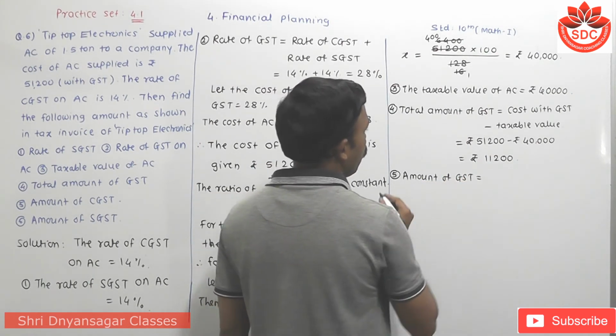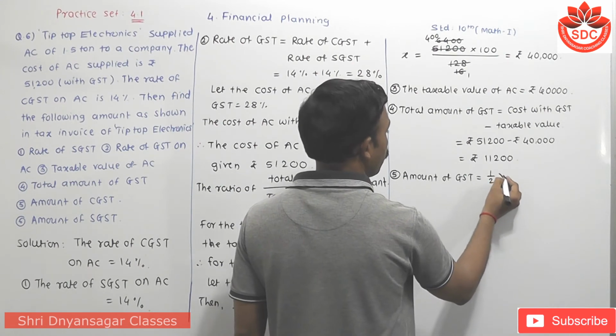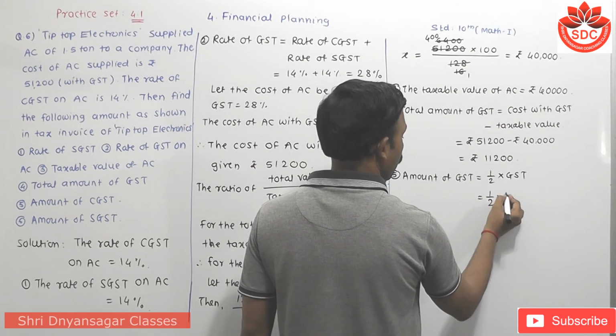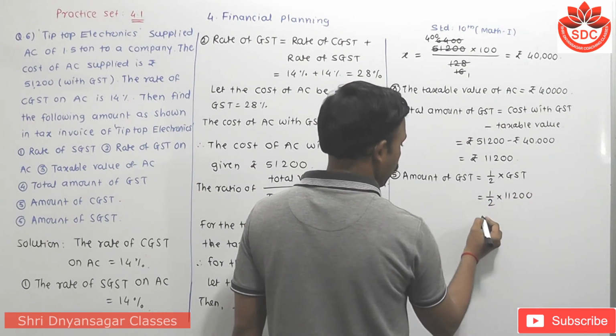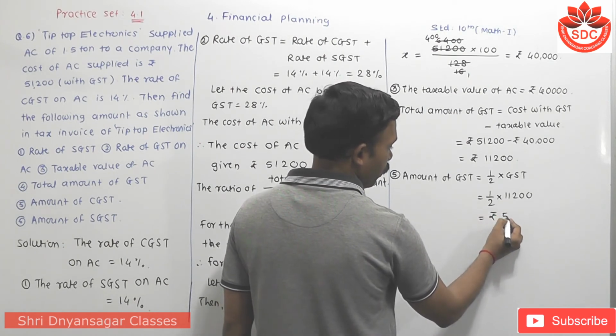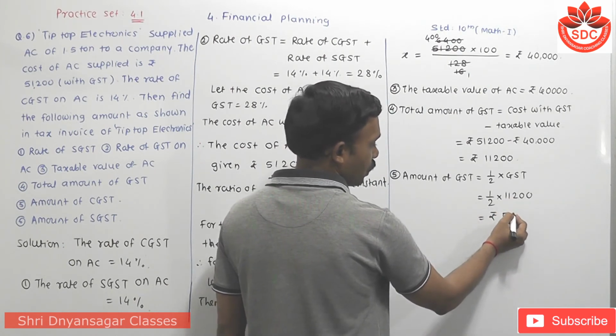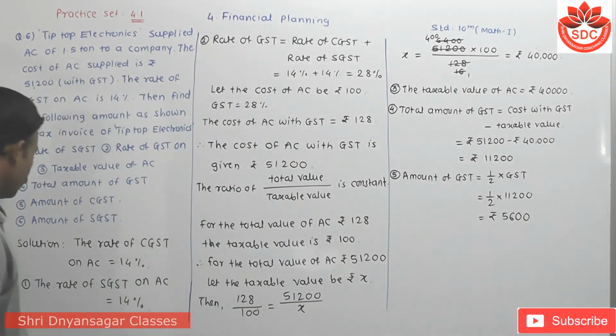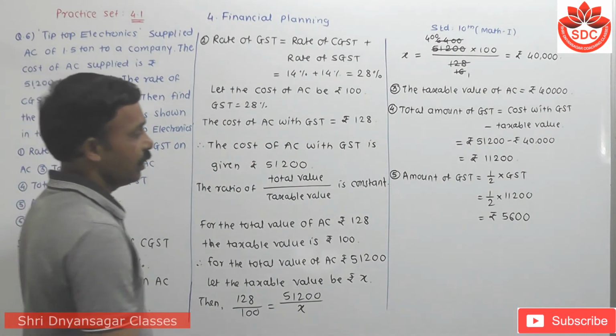Fifth one is amount of GST is equals to half of GST, means that half of 11,200 is equals to rupees 5,600. Then last one is amount of SGST.